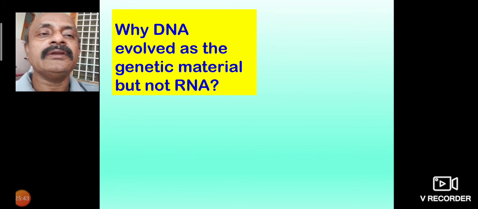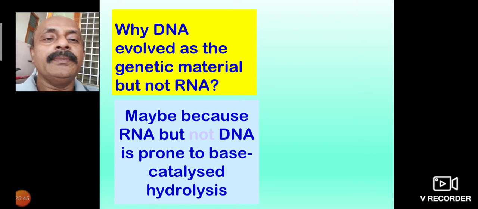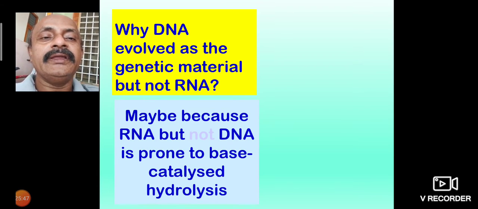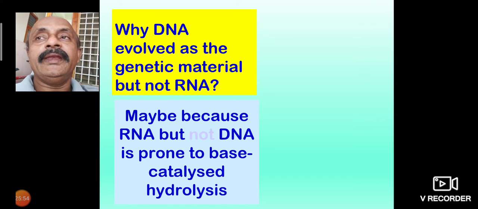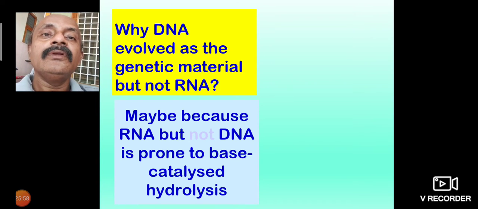DNA evolved as the genetic material but not RNA, maybe because RNA is prone to base-catalyzed hydrolysis. The DNA is the genetic material of all living organisms except some viruses.